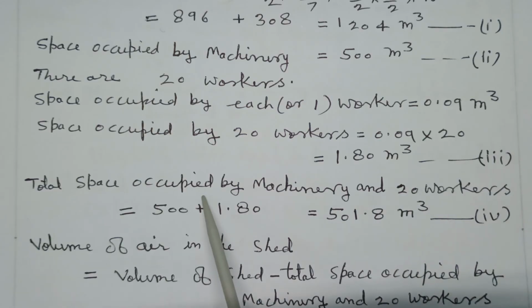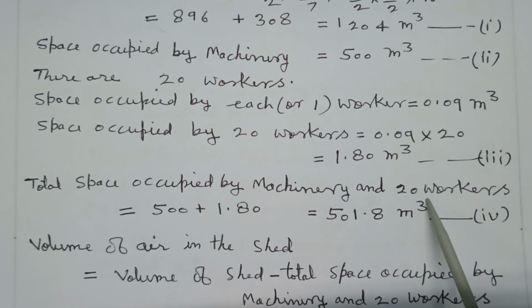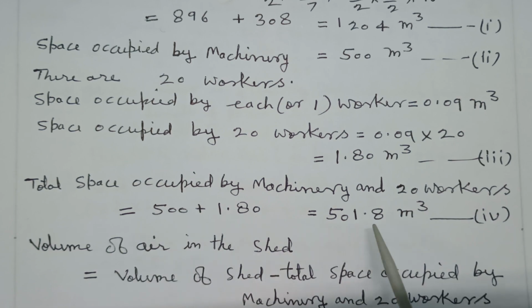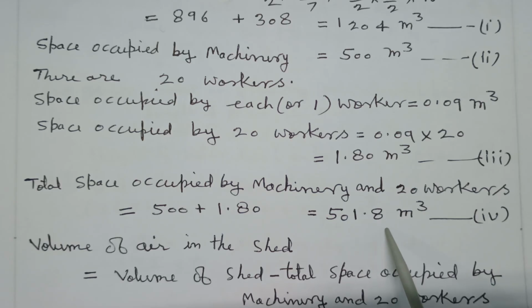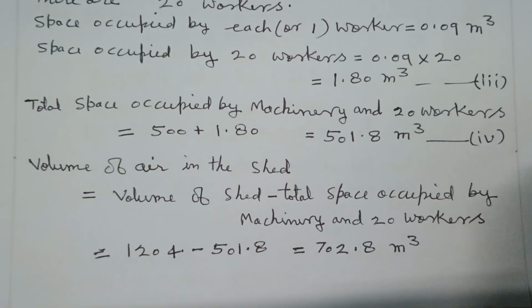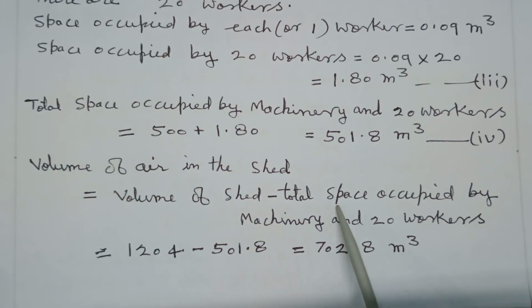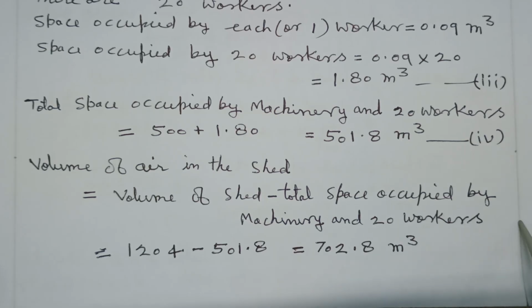So total space occupied by machinery and 20 workers is equal to 500 plus 1.80 is equal to 501.8 meter cube. So volume of air in the shed is equal to volume of the shed minus total space occupied by machinery and 20 workers.